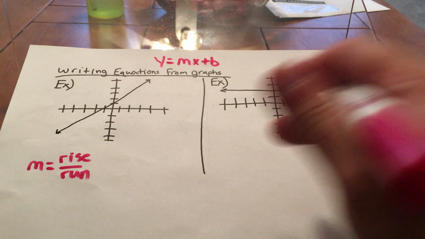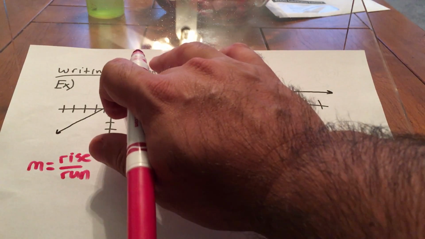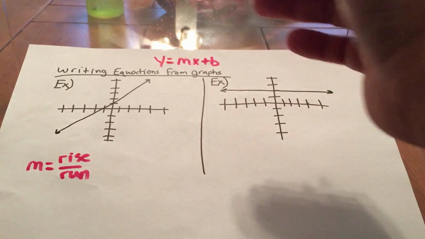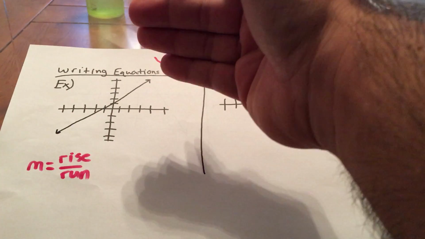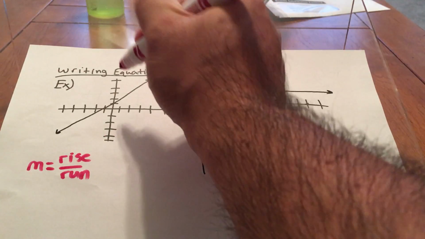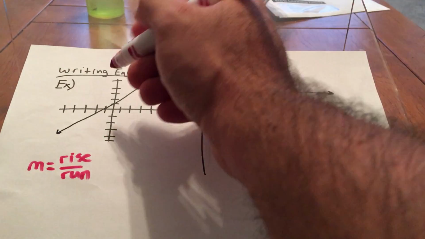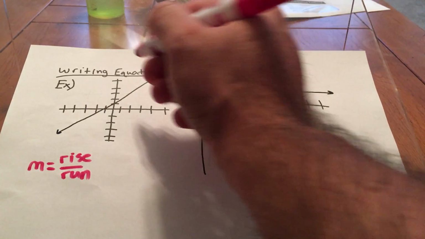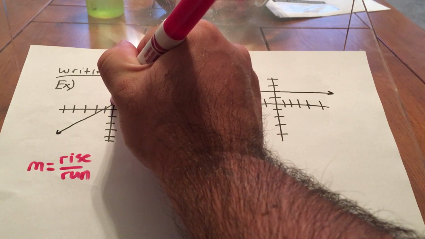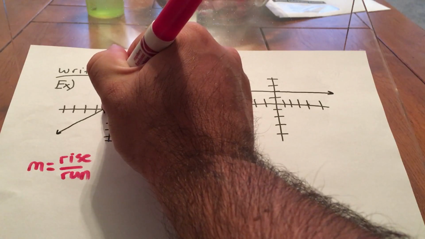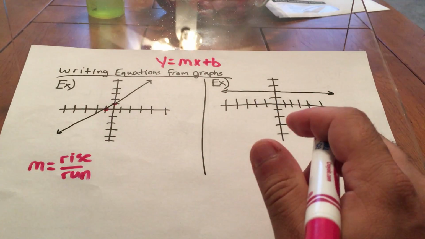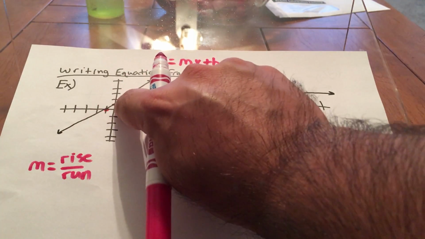Okay, so basically, if you want to get the slope from a line that's already plotted, what you need to do is pick 2 points on that line and find the rise and the run. All right, notice on this particular graph, the easiest way, and I did this on purpose because I didn't have graph paper, but the easiest way to find the points are points that hit right there on those particular numbers. So here's your first point, here's your second point.